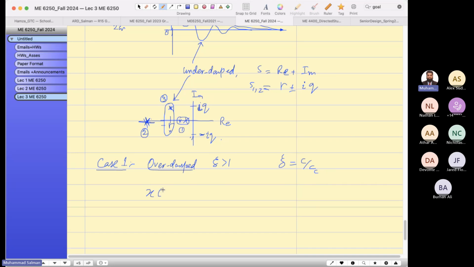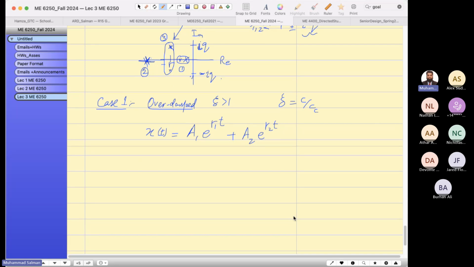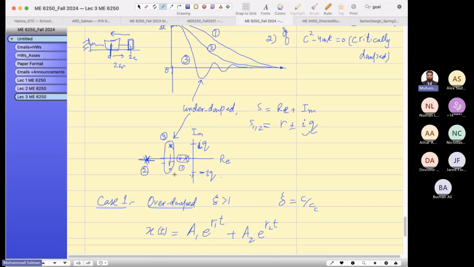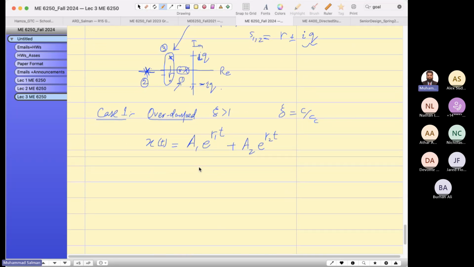The displacement of this mass can be written as an unknown coefficient A times e to the r1 t. I did not write the q term because in the overdamped case, as I just mentioned, you don't see the imaginary part. So s1 equals r1 and s2 equals r2. You just plug it in.